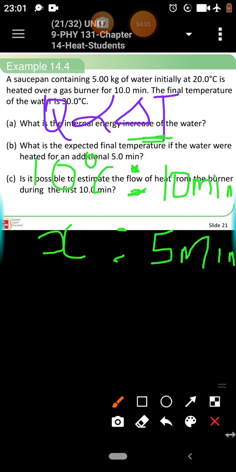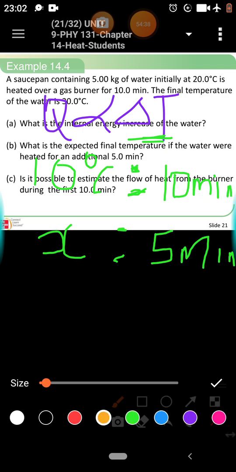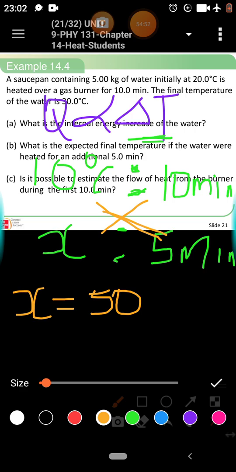Now we cross multiply. This will be 10 times 5, which is 50 degrees-minutes, then divided by 10 minutes.